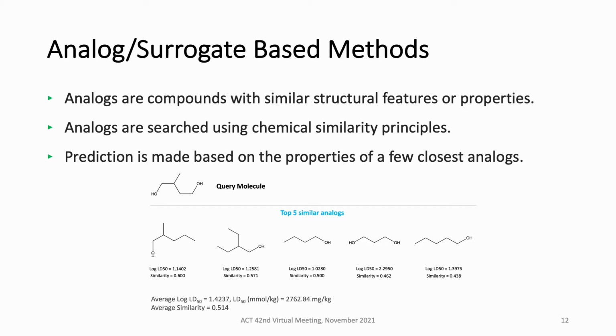Five similar analogs were found, and the final predicted log LD50 of the query chemical is simply the average of the experimental LD50 values of those 5 analogs. That is the principle, and we will see in the upcoming slides that we can use a similar approach to find analogs for an untested nitrosamine and use them to predict its properties.